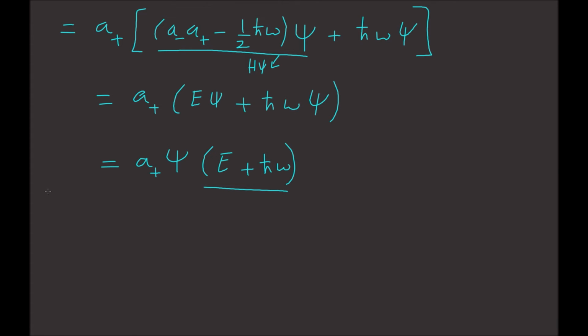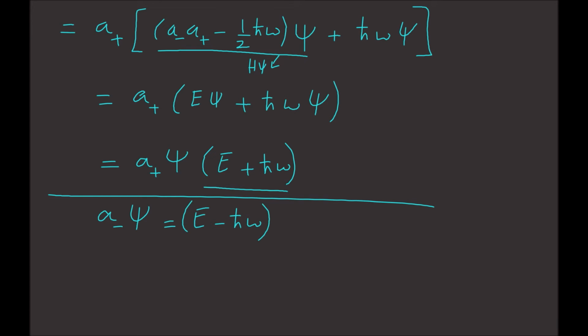We're gonna make the same claim that if psi satisfies the Schrödinger equation with energy E, then A minus times psi satisfies the Schrödinger equation with energy E minus h bar omega times A minus psi.